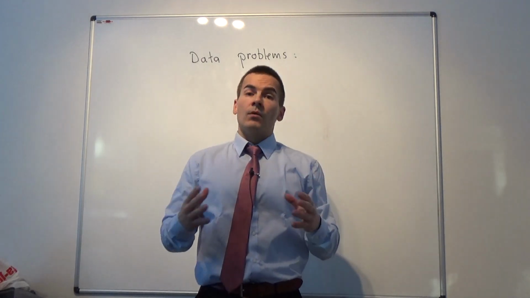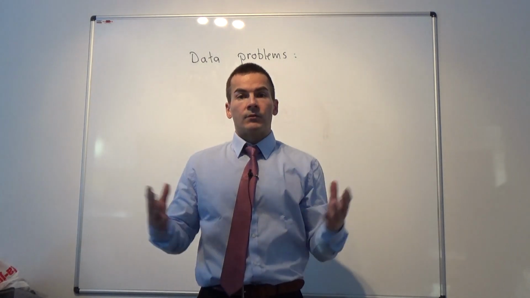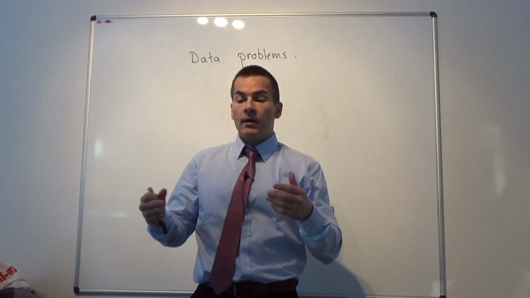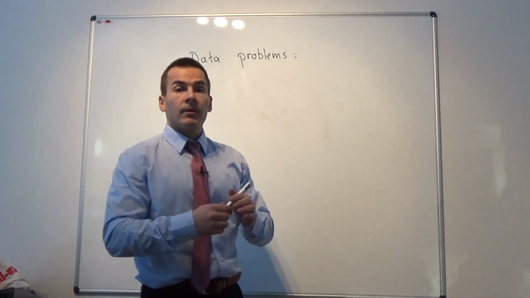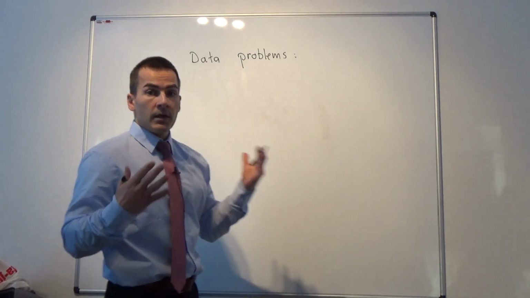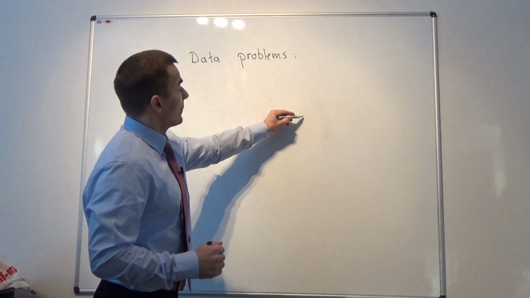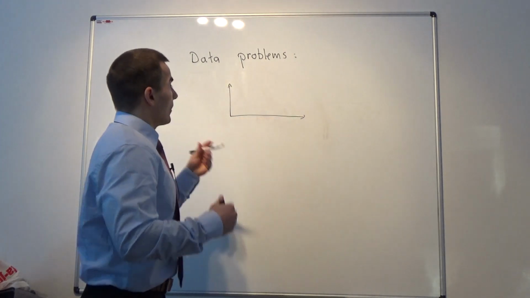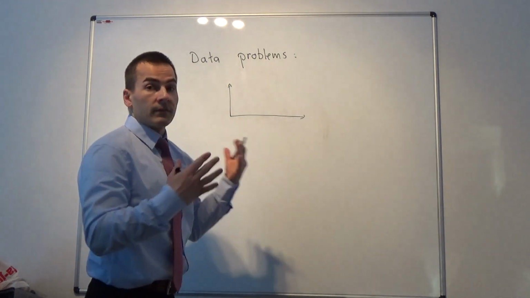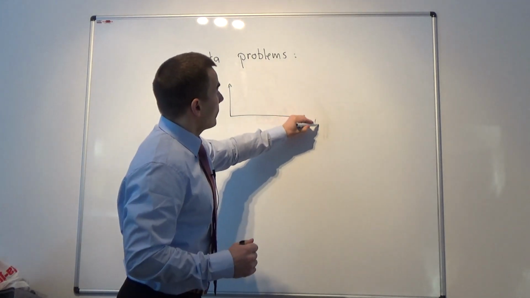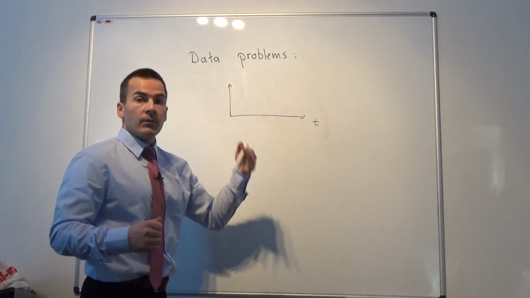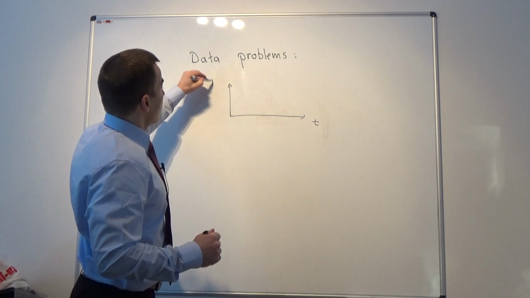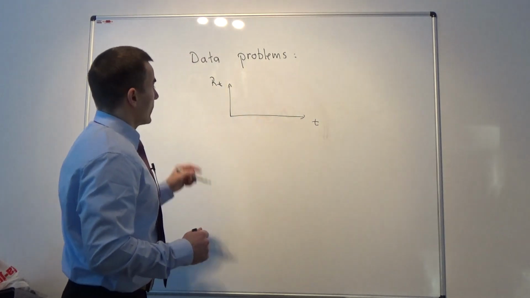Obviously we often have dependency structures in the data, different types of dependency structures. As an example, in financial economics, what we often see is clustering in the return distribution. Let's have the observations of the returns here on the x-axis, and here we have the return at time t.